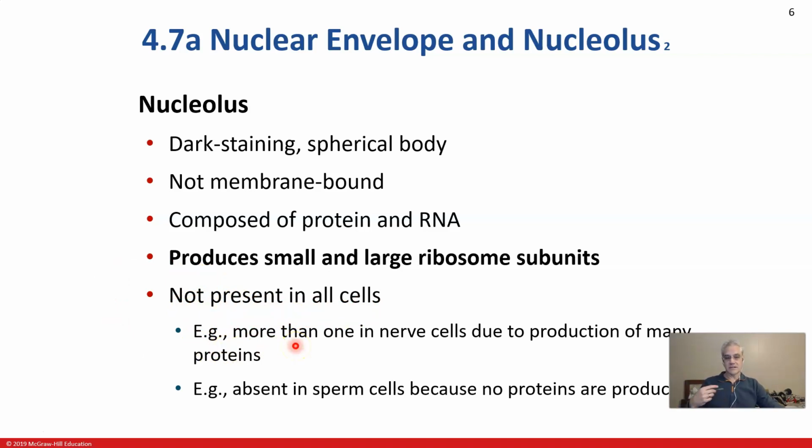You'll see often 2 or 3 nucleoli in the nucleus of a nerve cell, simply because there are so many proteins that nerve cells are producing. But then, of course, in sperm cells, there's almost nothing in sperm cells anyway. Well, you'll see that when you get to AP2, we're going to talk all about sperm cells, but not in this course. But no nucleolus in sperm cells.